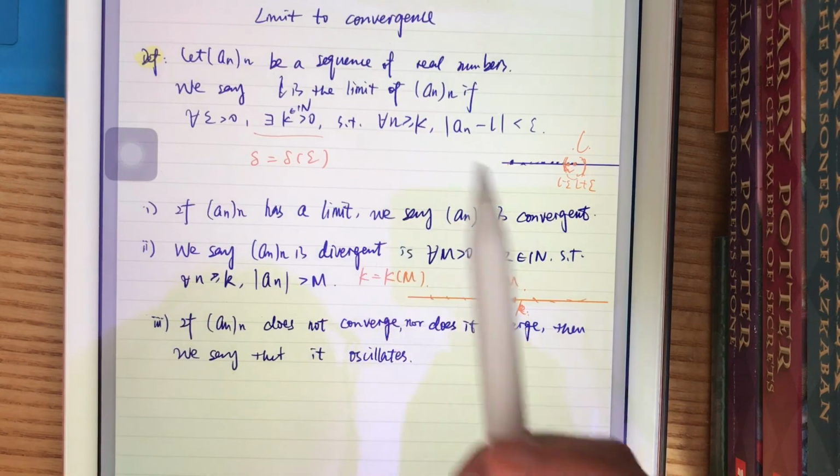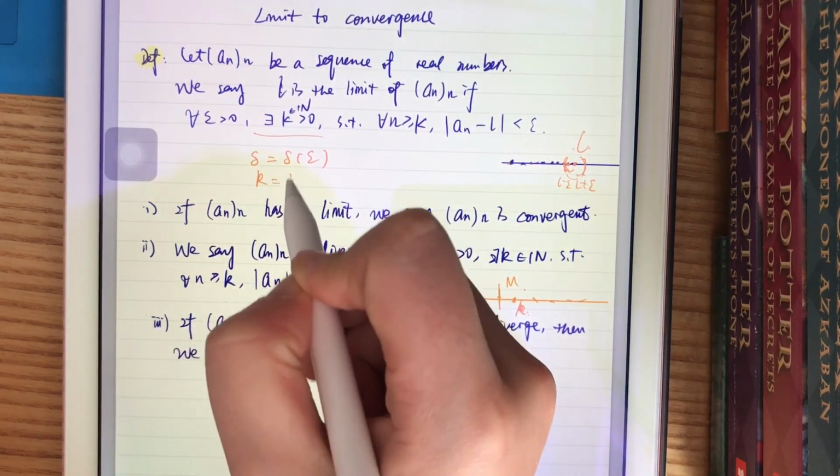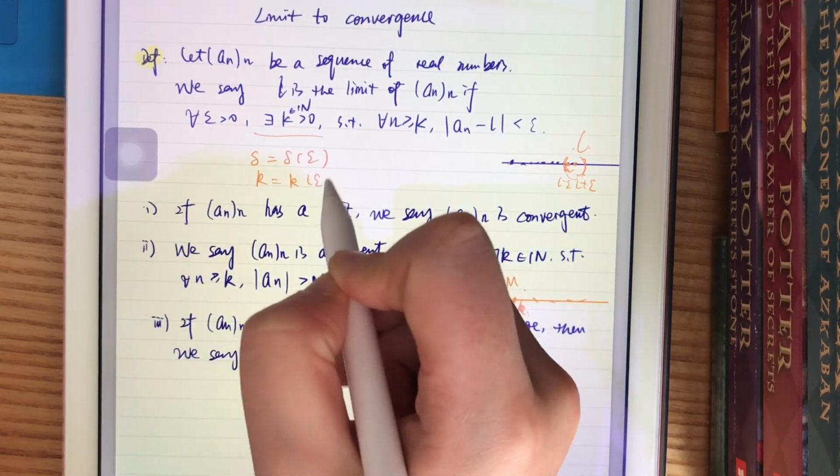And in the previous case, it's the same: k depends on epsilon.